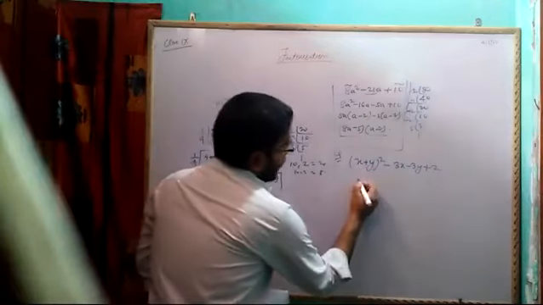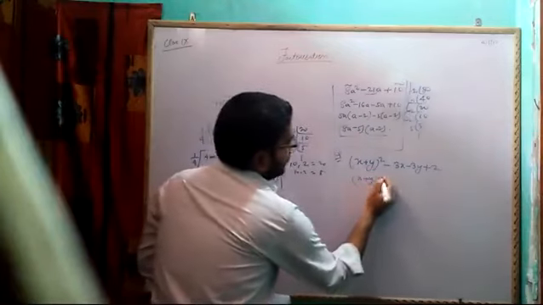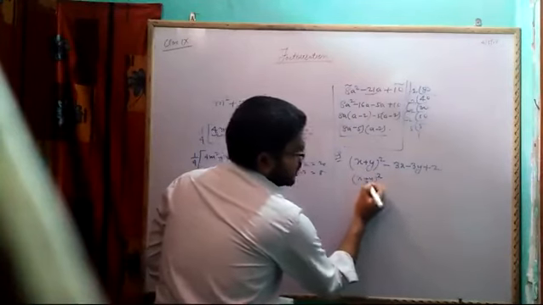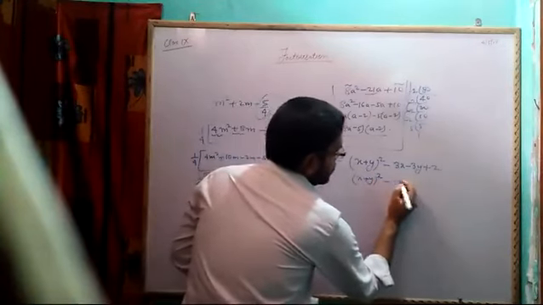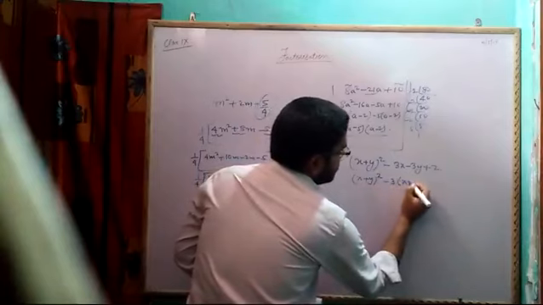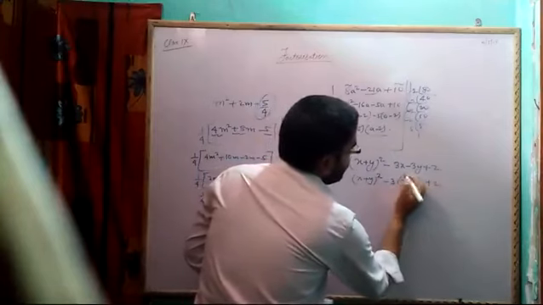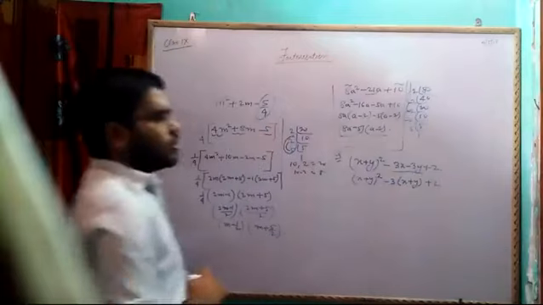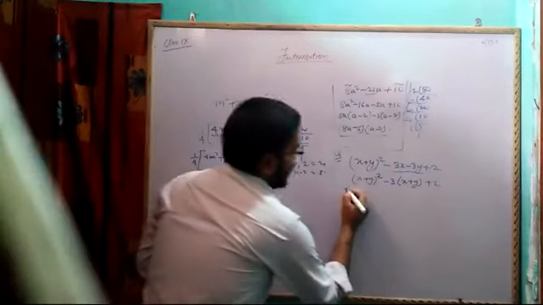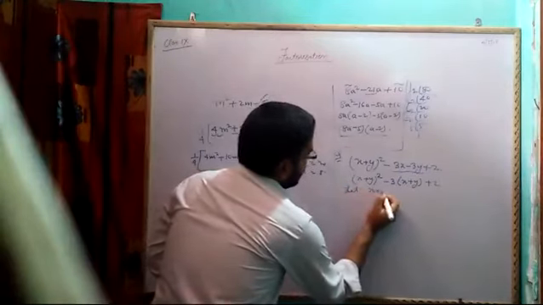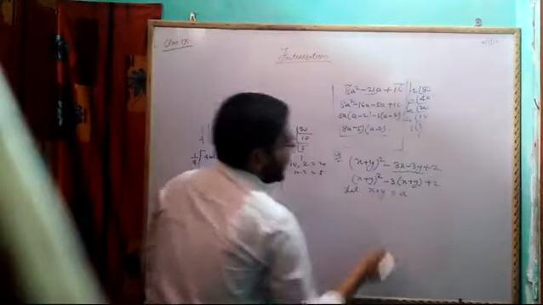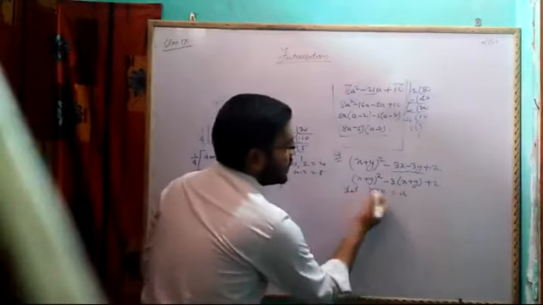So what I can do, I can convert these x and y into one single term, like x plus y whole square minus 3. If I take out, I will get x plus y plus of 2 for these two terms. Yes or no? Now I can assume let x plus y is equal to a, m, whatever you want, another symbol other than x and y.